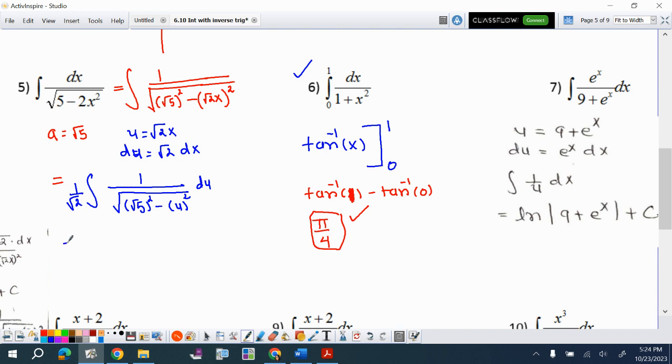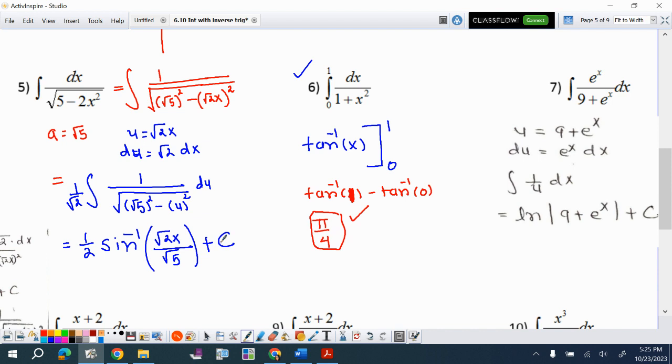And that will give me 1 over square root 2 sine inverse. Remember u is square root 2 x, divided by a, which is square root 5, plus c.